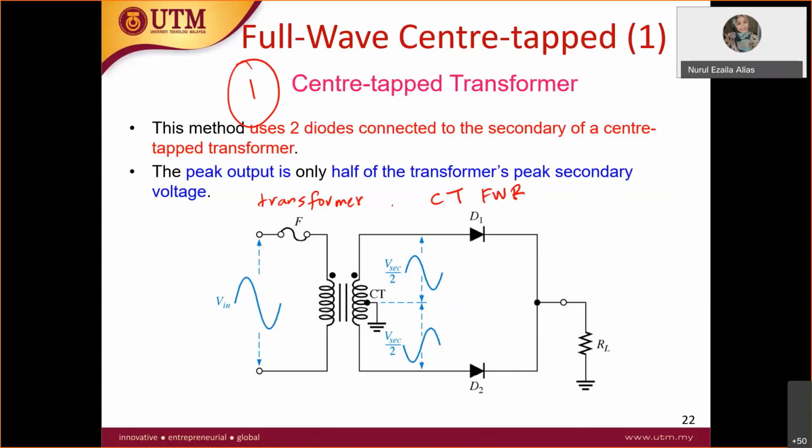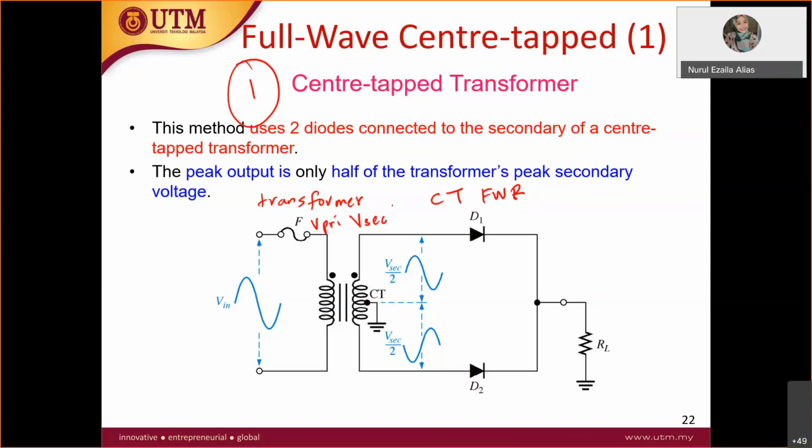It has two diodes, D1 and D2, and then it has a ground at the center of the transformer secondary output. With the transformer, the left side is your V primary and the right side is your V secondary. I think you all know.